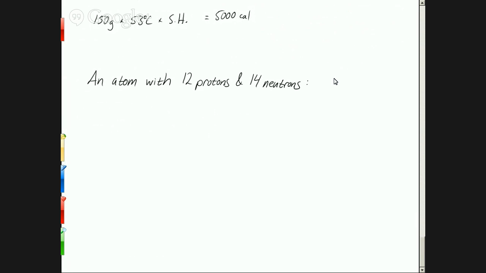Since the neutrons are specified, make sure to specify the isotope as well. So how would you write that down? An atom with 12 protons and 14 neutrons.